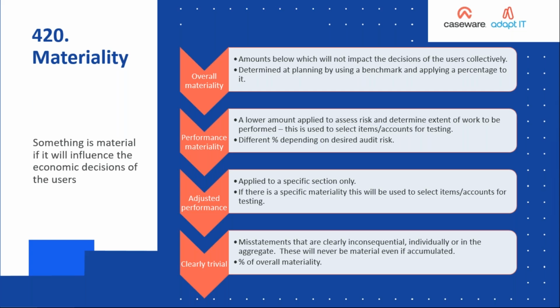So based on your auditor's professional judgment, this amount would be the highest amount of misstatement that would be included in the financial statements, again, without affecting the economic decisions taken by a financial statement user.